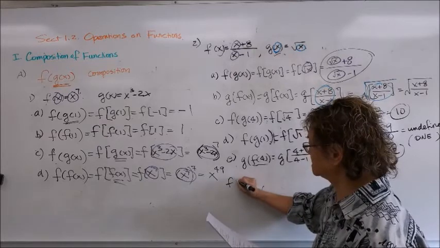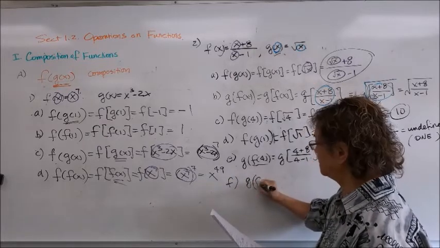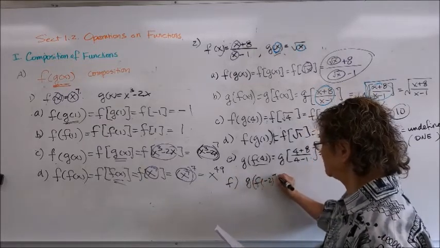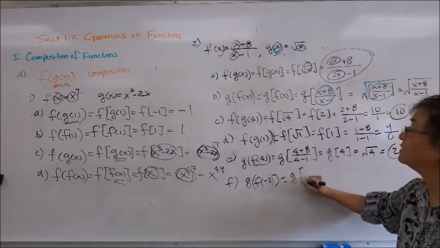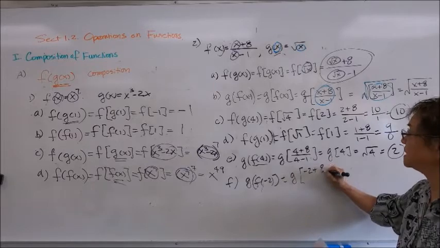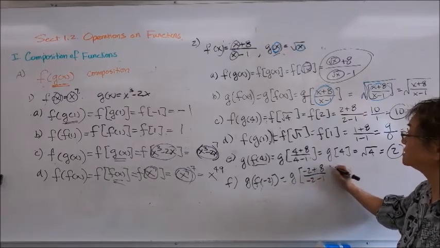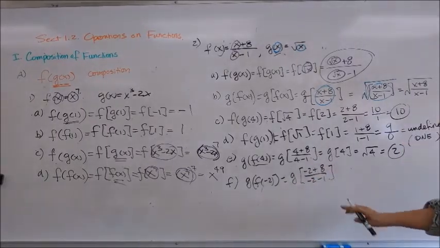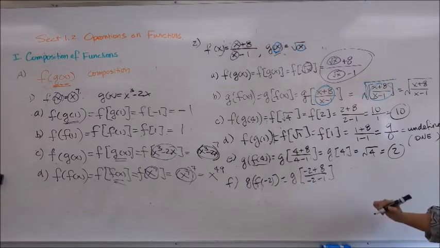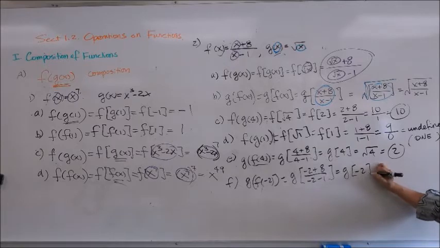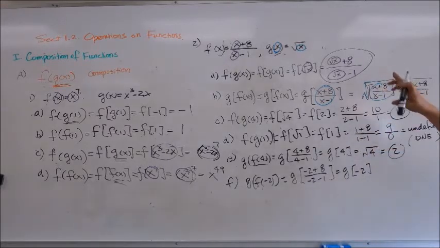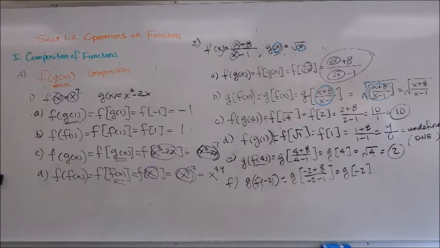Then let's take a look. This one, g of f of negative 2. You plug in f first. So what do we have? Negative 2 plus a, negative 2 minus 1. So that would be 6 divided by negative 3. That would be what? Negative 2. Then you use negative 2, plug into g.